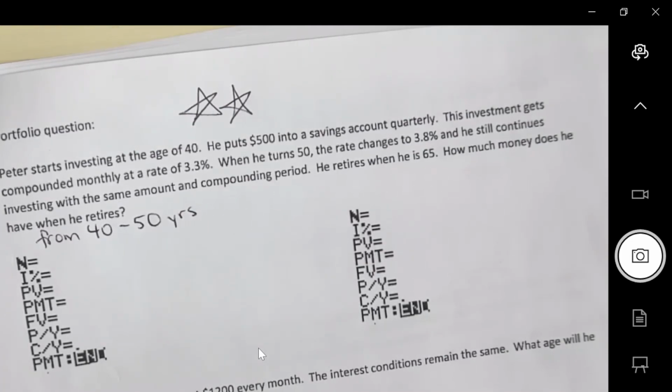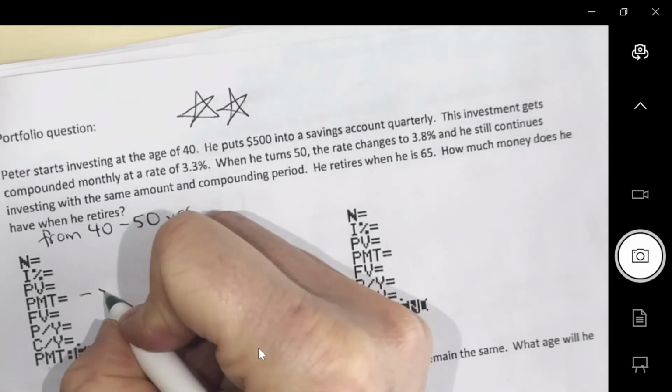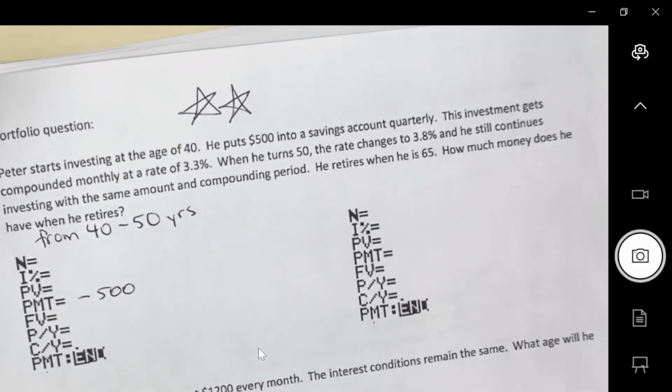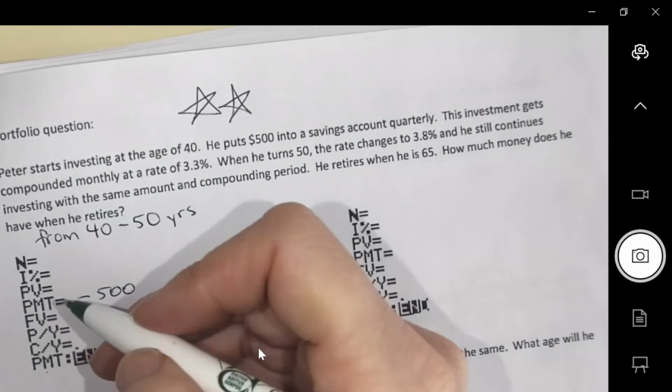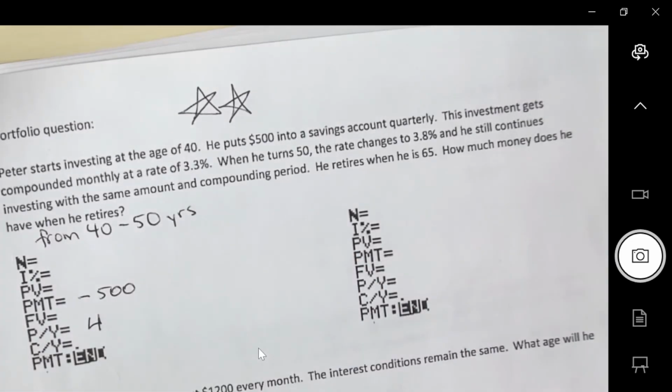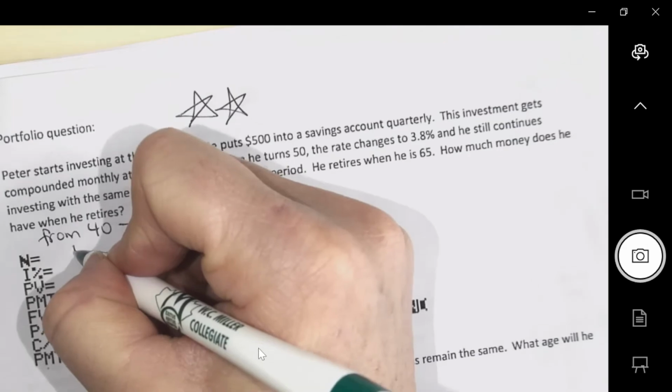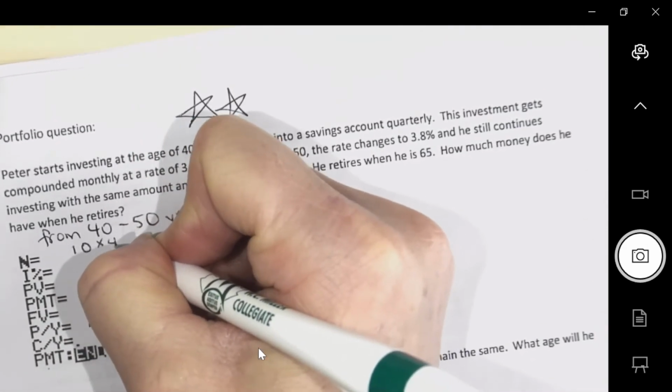Okay, he put 500 in, so negative 500. Payments per year is quarterly. Do you understand that this is going to happen for 10 years times 4?